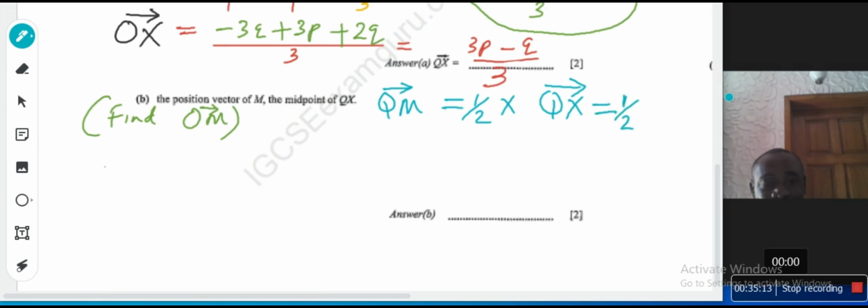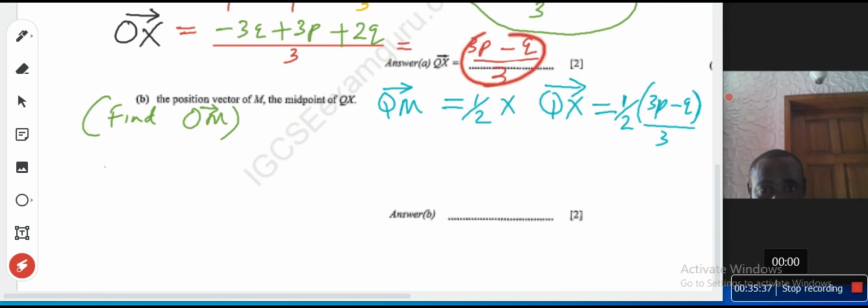So half times all this, (3p minus q) over 3. This needs your understanding of simplification of algebraic expressions, which is a previous lesson we had. So what I'm saying is half times QX, and this is QX.